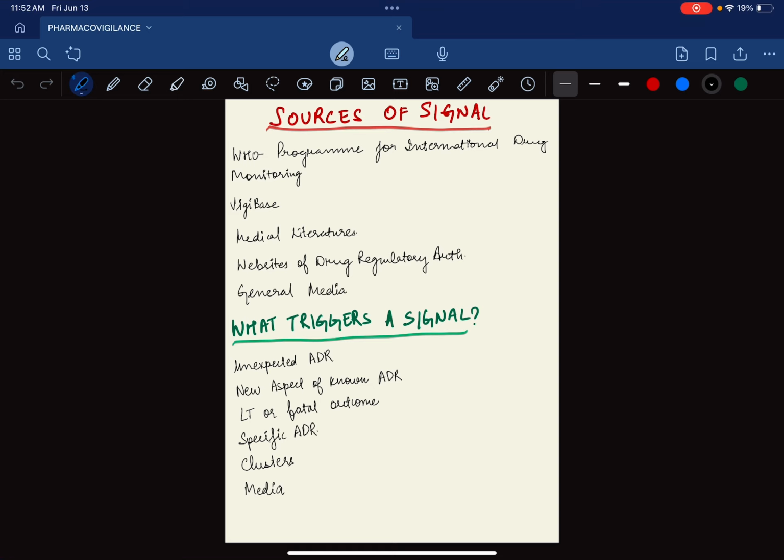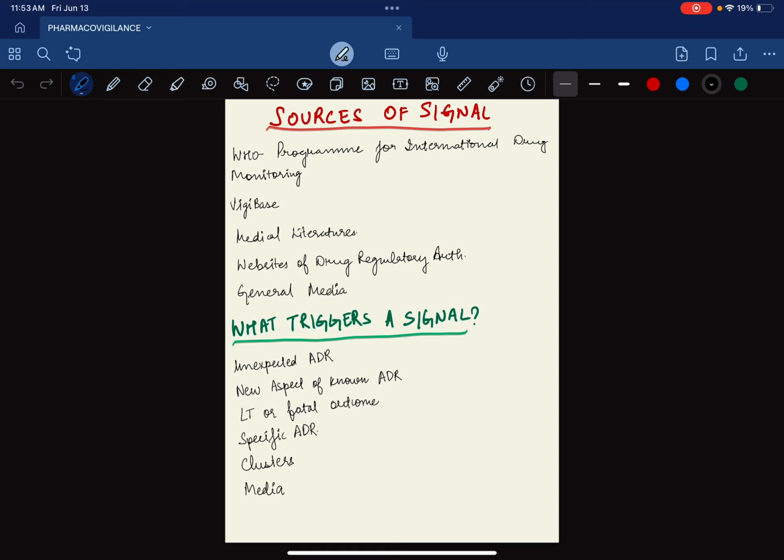We know that this particular drug is going to cause anemia in the patient, but there are rare chances, and we get a signal which says that the anemia is a pernicious anemia. Now, this is where an unknown aspect of ADR came into limelight because that is a particular category of anemia.